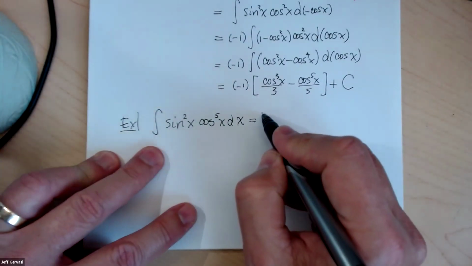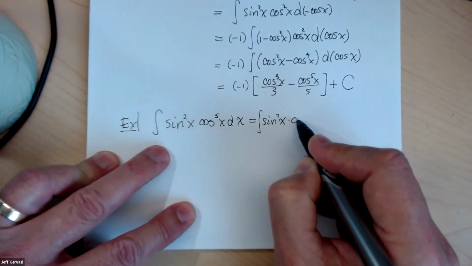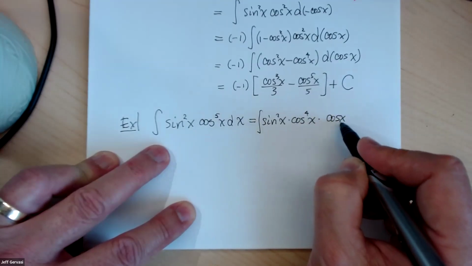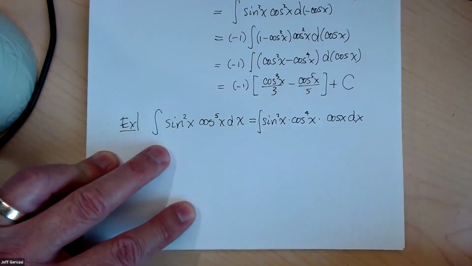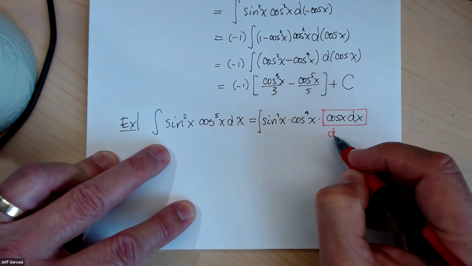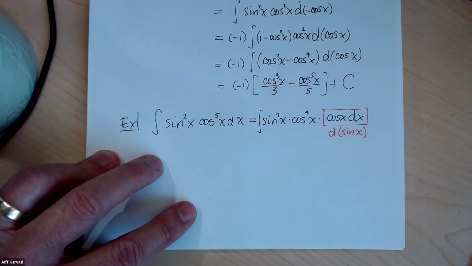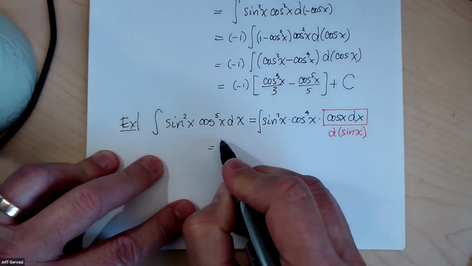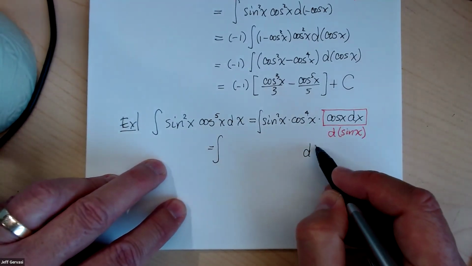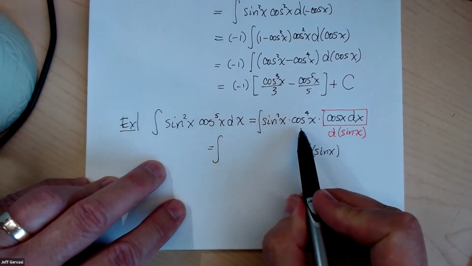Okay, so we break one of the cosines away. Pair it with the dx, and notice that the cosine of x dx is the differential of the sine. Okay, so that tells me I'm no longer integrating with respect to x. I'm now going to integrate with respect to the sine function, which means I'm going to need to rewrite the cosine to the fourth power.